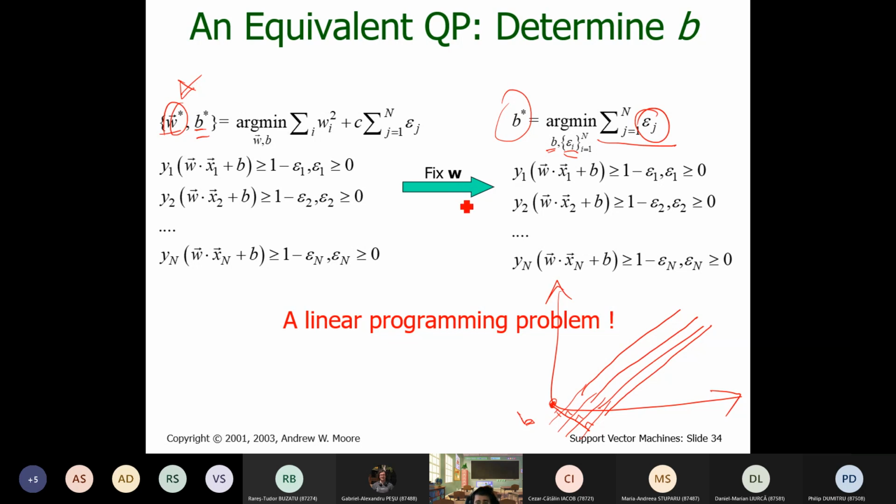It's fast. Once we have fixed the orientation, all we need to do is put it higher or lower in the space. This is done basically depending on the slack variables. So this should not pose any more problems from now on. It's easy to compute.